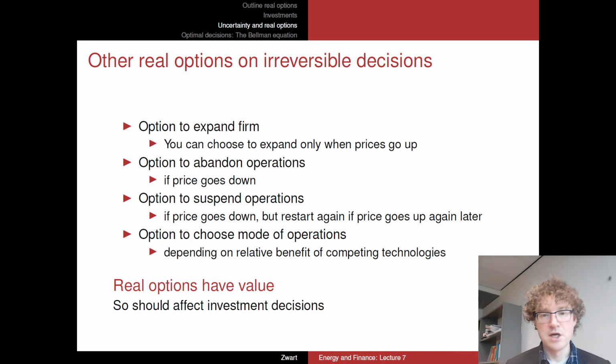So all these choices that you can make, depending on movements of, say, prices or of costs that you will learn over time, are real options that have values. Well, if they have values, they will also affect investment decisions because those decisions will reflect those values.